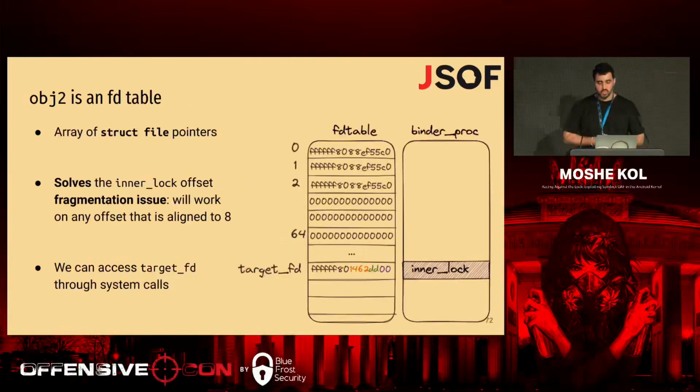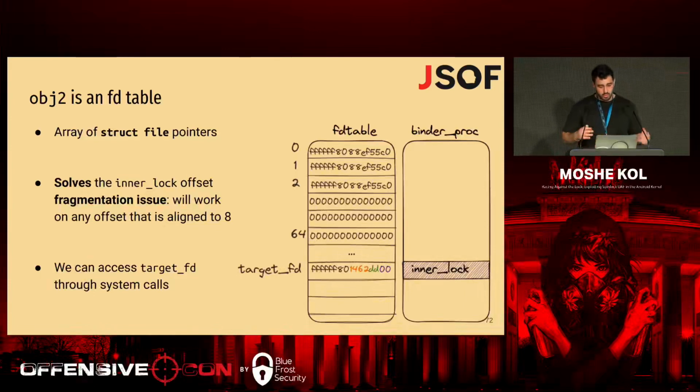For the second object, an ideal object would be an array of pointers. There are multiple places in the kernel that allocate an array of pointers, but I chose the file descriptor table, which is an array of struct file pointers. This solves the offset fragmentation issue because it will work on any offset that is aligned to 8.